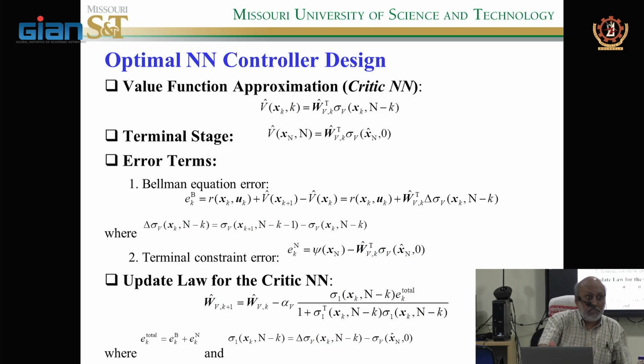Don't forget that. So the word critic means it's trying to critique the performance, whether it's good or bad. In psychology, these things came from psychology. So like in a human brain, it critiques how well the actor is going to do. So that's what it's doing here, okay? So basically you have alpha V. Alpha V is mainly the learning rate, and you see that sigma 1 and all that, and you use that total error to adjust the weights of this particular critic network.